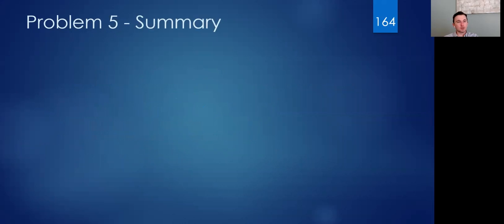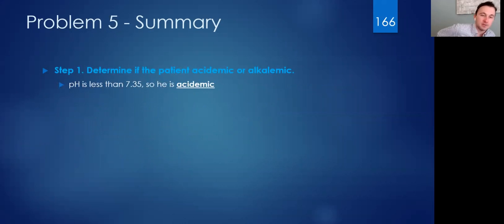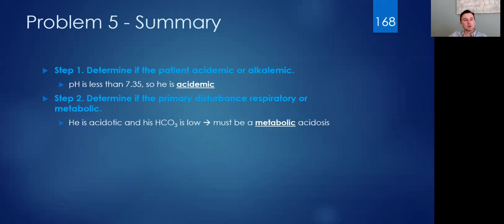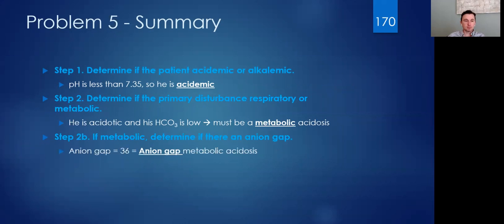So let's summarize that problem. Our first step was to determine acidemia or alkalemia. Our low pH tells us he's acidotic. Next step is to determine the primary disturbance. We know that he had a low pH and he's got a low bicarb, so the primary driver is a metabolic acidosis. Next step is to determine if there's a gap. We did that, we had a gap of 36. So our primary issue is an anion gap metabolic acidosis.